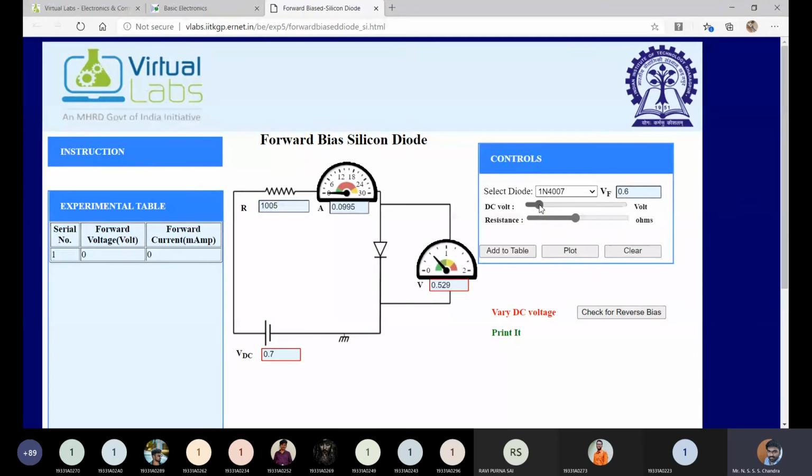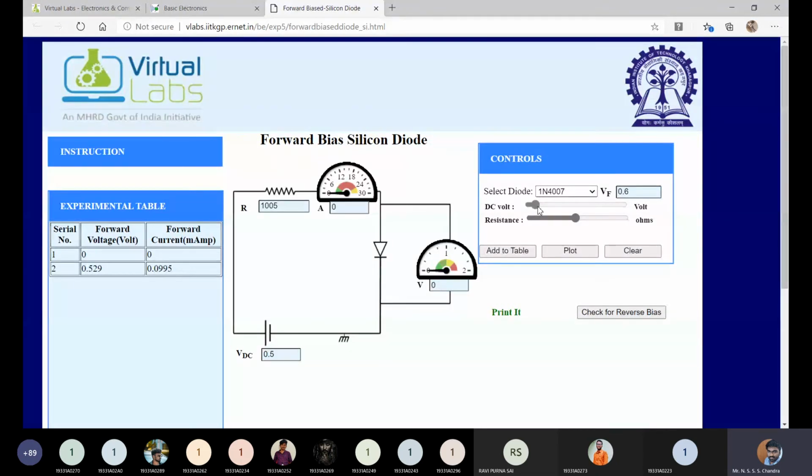At 0.7 you can see I'm reading some value, 0.529, and I'm reading some current. Till 0.7 I did not get any value. So now I will add this point. At 0.529 forward volts I got 0.995. I'll check if there are any in-between values. In between I'm not getting anything.